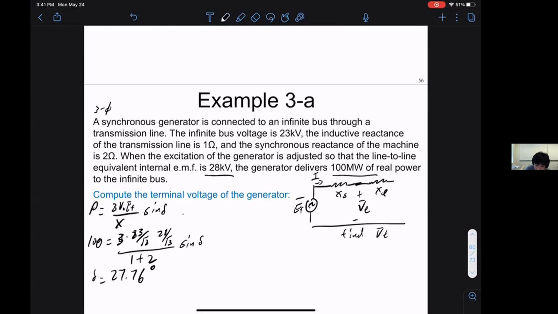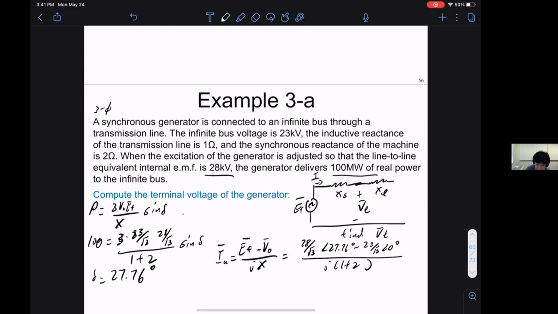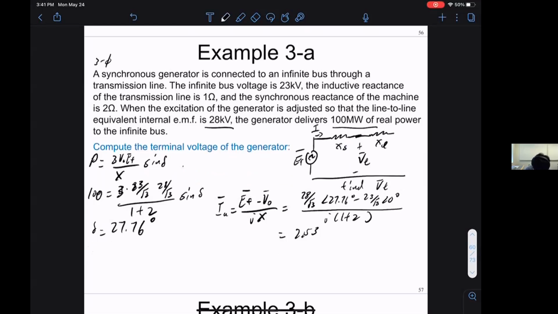Now we can figure out the current. The per phase current is EF minus V0 divided by JX. So this is 28 over root 3, angle 27.76, minus 23 divided by root 3, angle 0, divided by J times 1 plus 2. This is 2.53 angle minus 7.5 degrees kiloamps.